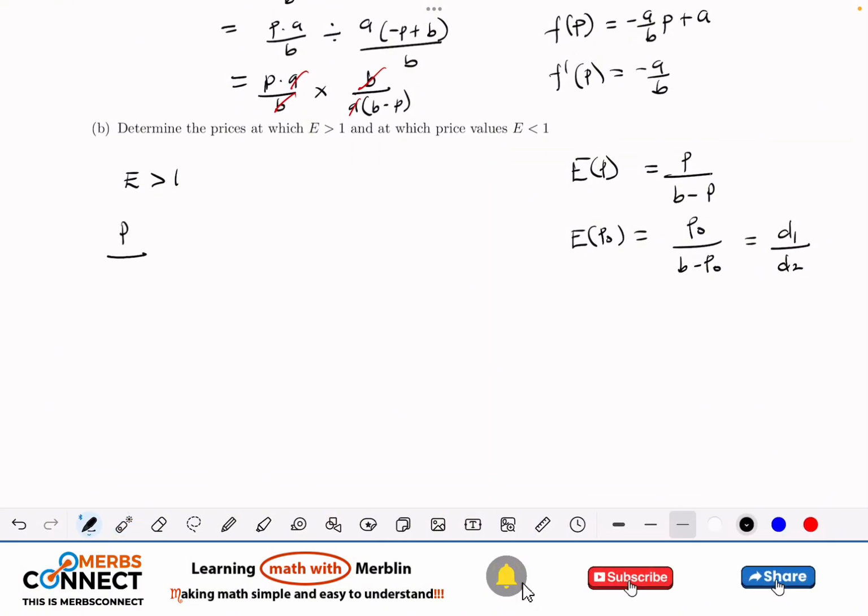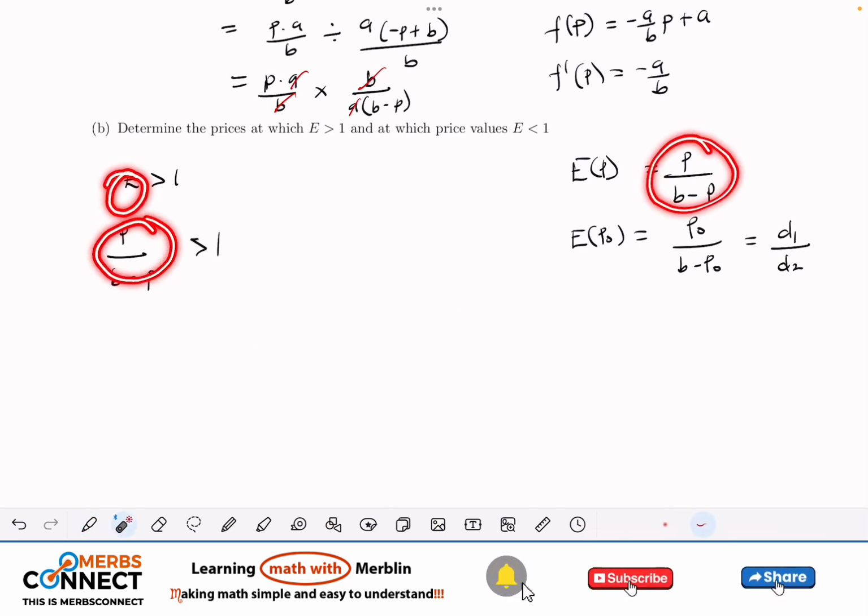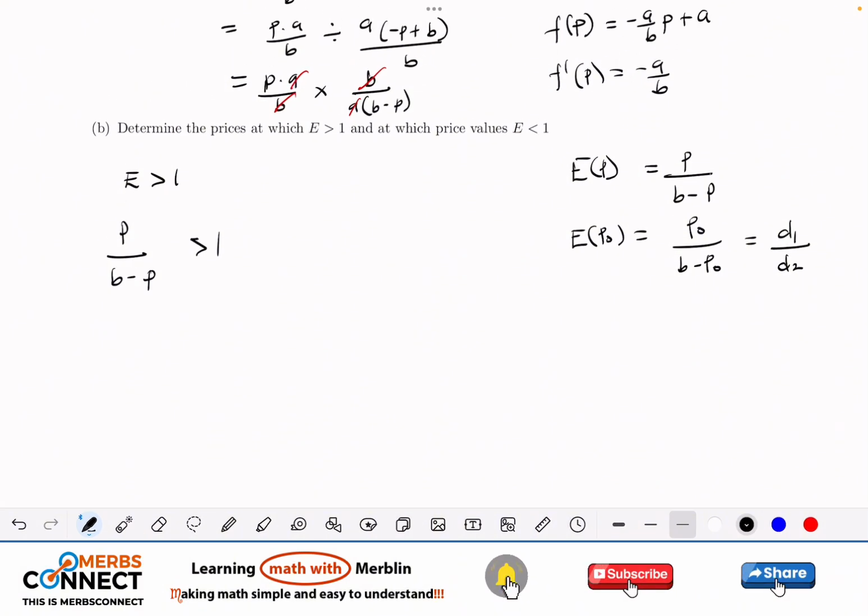P divided by B minus P greater than 1, because this is equal to this. So we replace it by that. I multiply this one by B minus P, multiply this one by B minus P. This will cancel this.